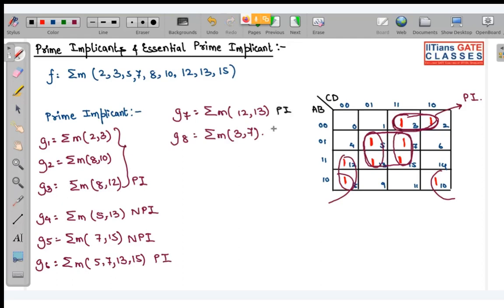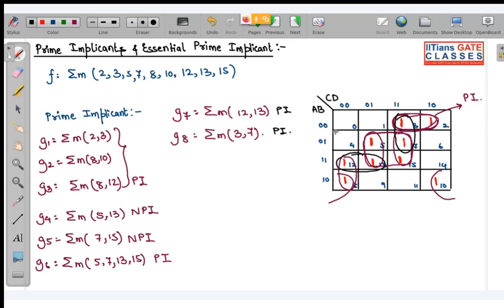Now you might argue that, sir, these groups are not required. It's okay. It's not required for minimizing, but still I can make a group of ones like this, and like this one and like this one. So this is also a prime implicant. So prime implicants are basically what?